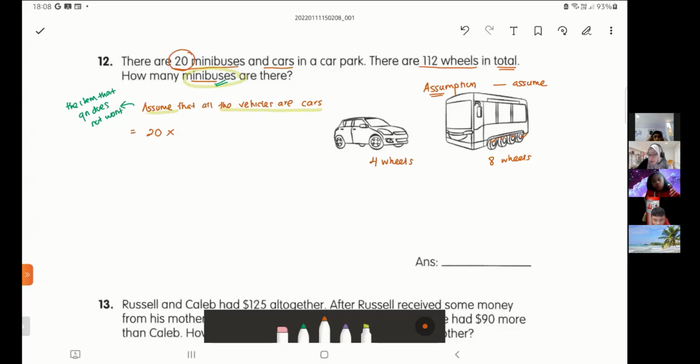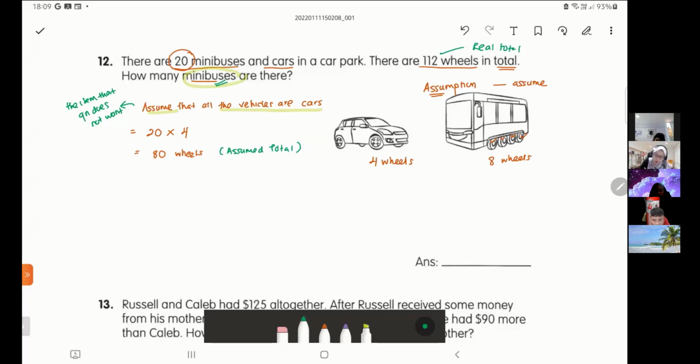So 20 times 4 equals 80 wheels. Next one, what do we do? So this is what we call the assumed total. This is the real total.